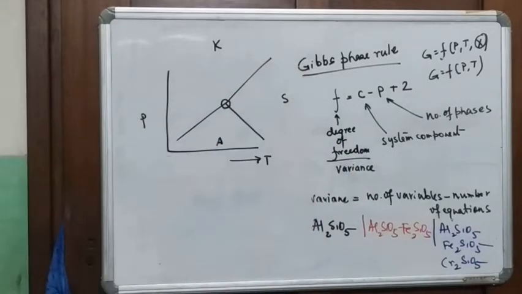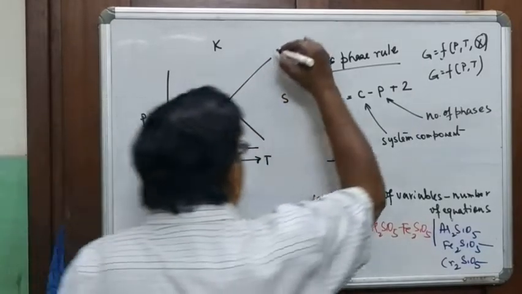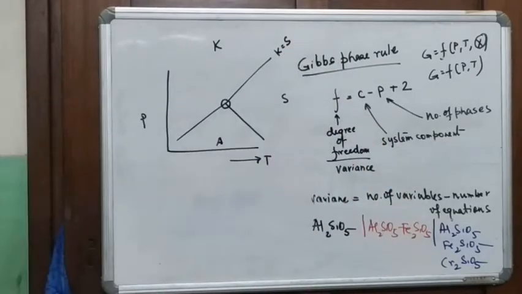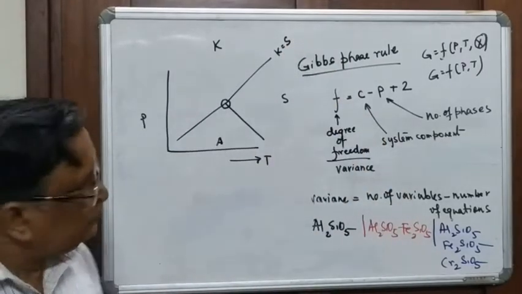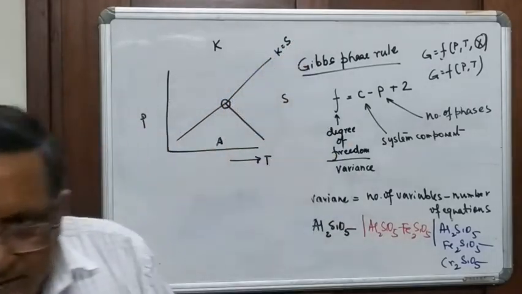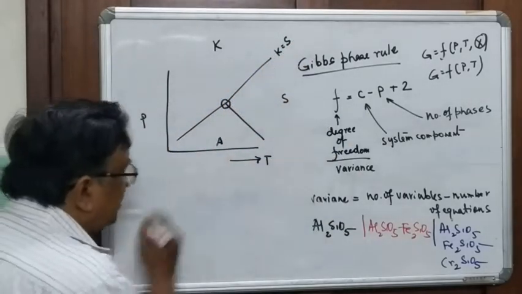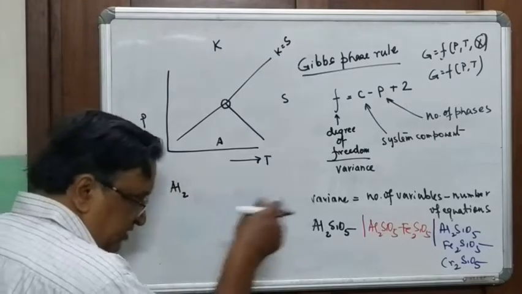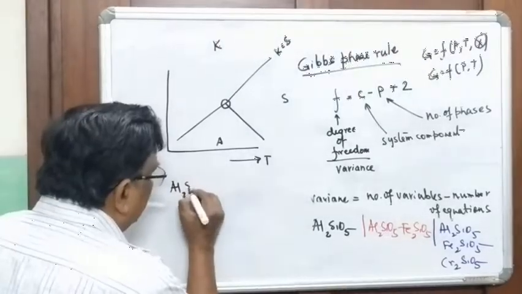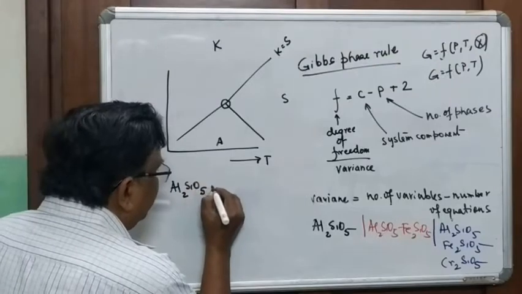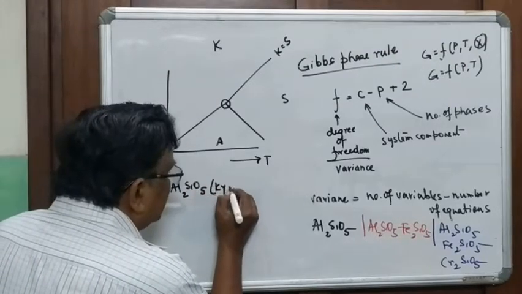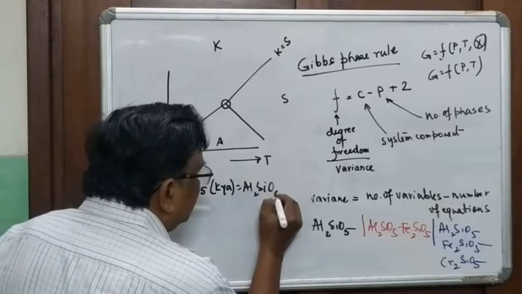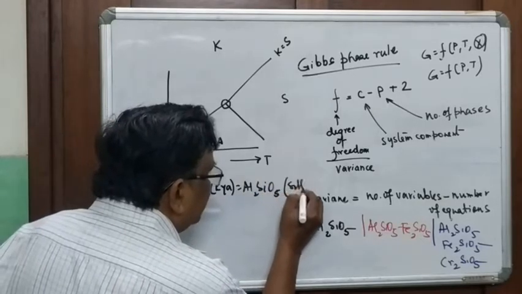What is this line? It is where both kyanite and sillimanite coexist. If I write an equation, I will start getting into it now. Al2SiO5 kyanite is equal to Al2SiO5 sillimanite.